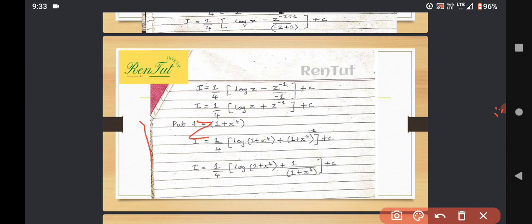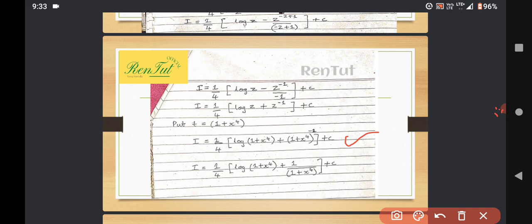The value of z you will be writing over here, and I is equal to 1 by 4, bracket open, log, instead of z you will be putting the value 1 plus x raised to 4, plus 1 plus x raised to 4 minus 1, because z raised to minus 1 is there, plus c.